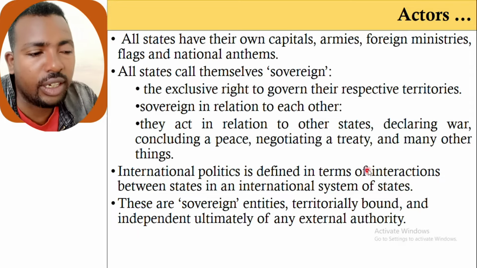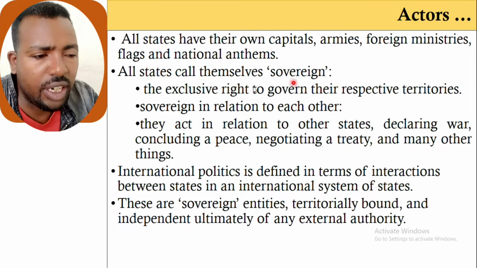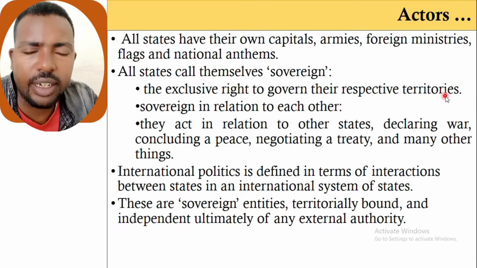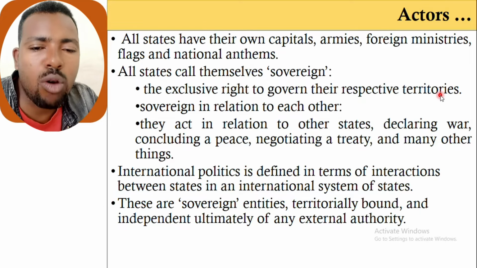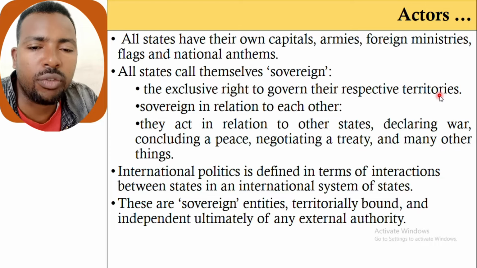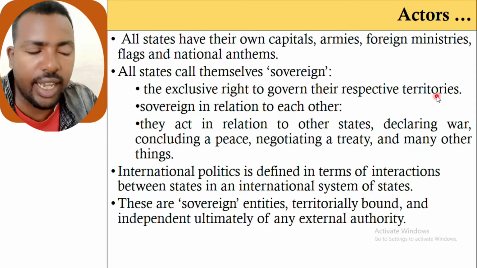All states can call themselves sovereign. What does sovereign mean? Sovereignty means the exclusive right to govern their respective territories. No other external body is allowed to intervene in the sovereignty of each and every state. So every one of them has equal rights regardless of their size and population.